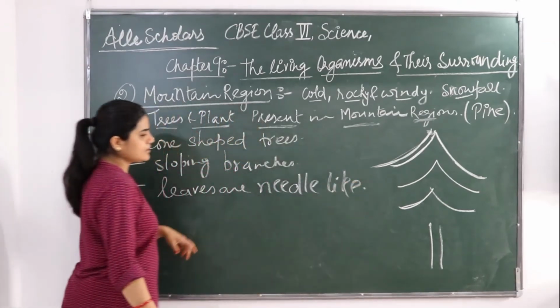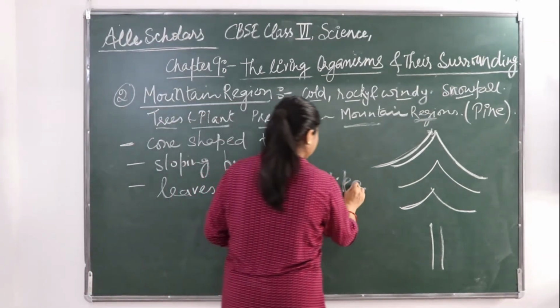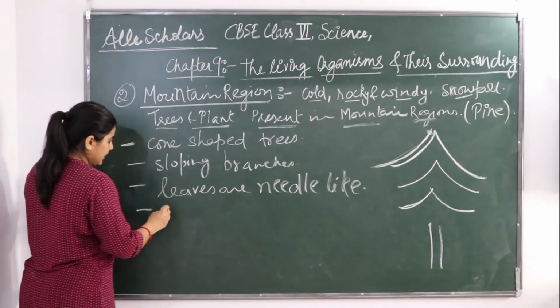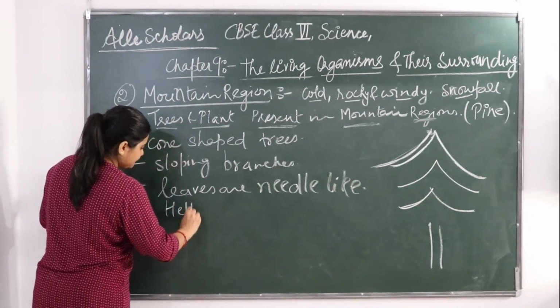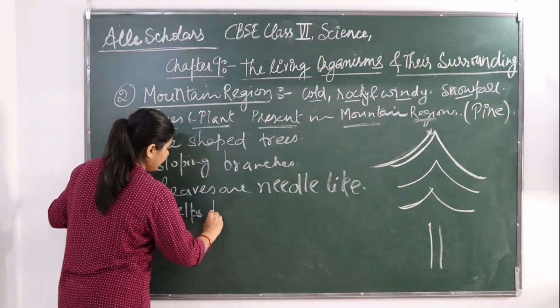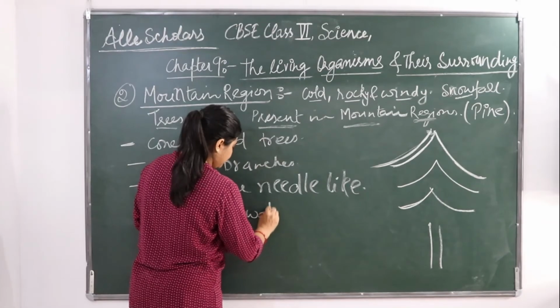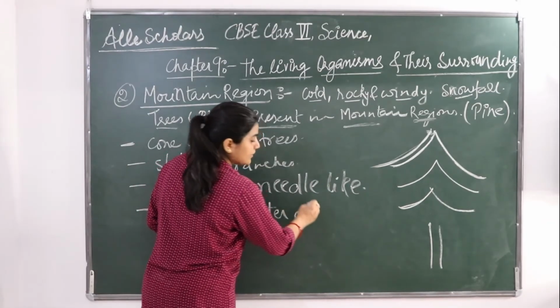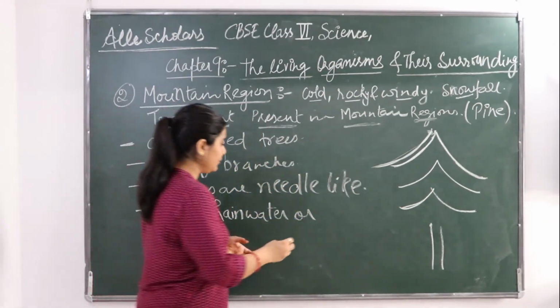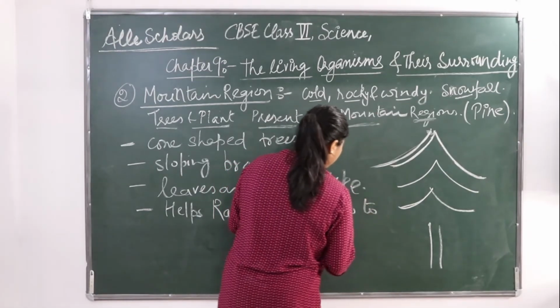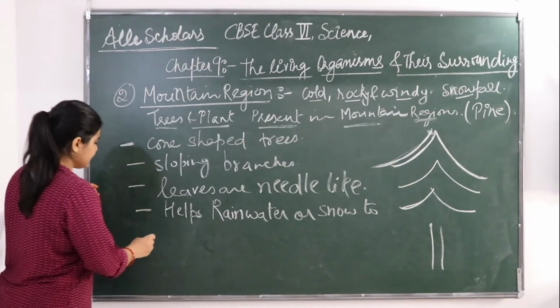Okay, so what is the benefit of all these types of slopy branches, needle-like leaves? It helps rainwater or the snow that has fallen down to slide off easily.